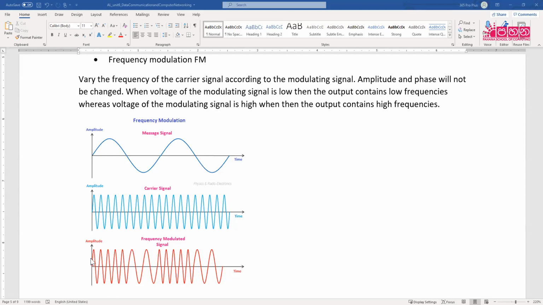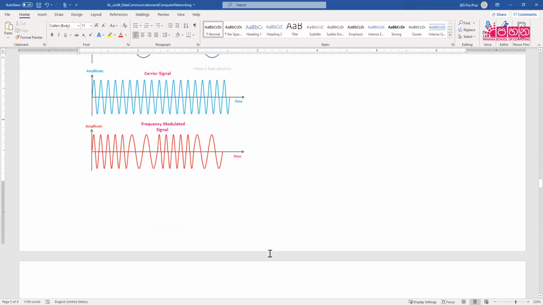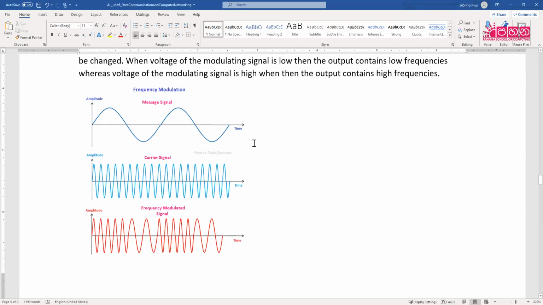So you see that amplitude won't change, it will be the same, right? So no change of amplitude, no change of phases, right? The next thing that we are going to discuss is phase modulation. So let's take down advantages and disadvantages before we move any further, right?